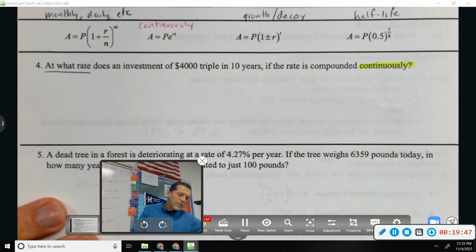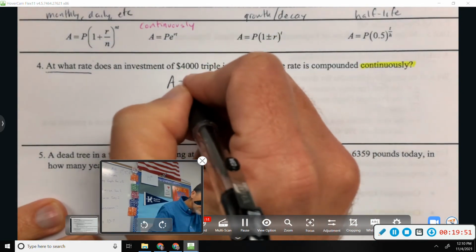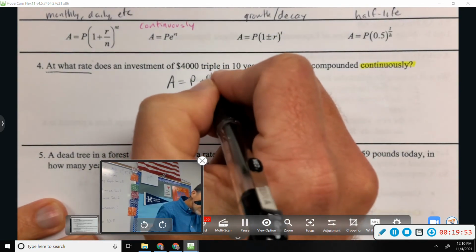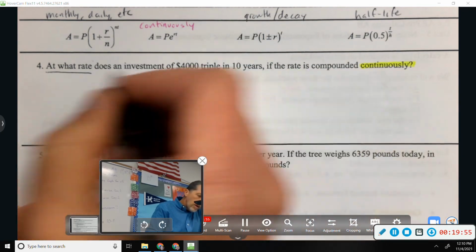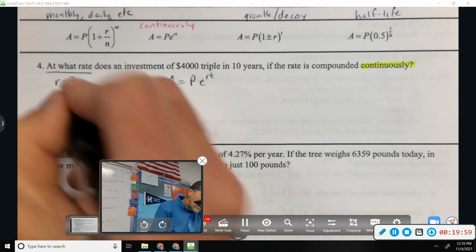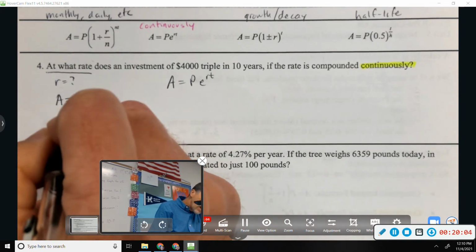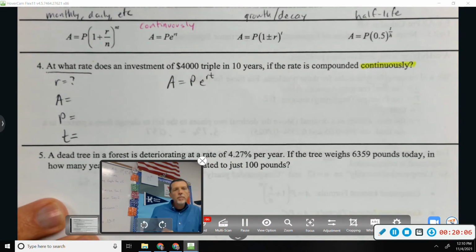Alright, so number 4, continuously is the giveaway to use the continuous problem. At what rate? So we're looking for r, which means we're supposed to know the rest of them. A and P and T.